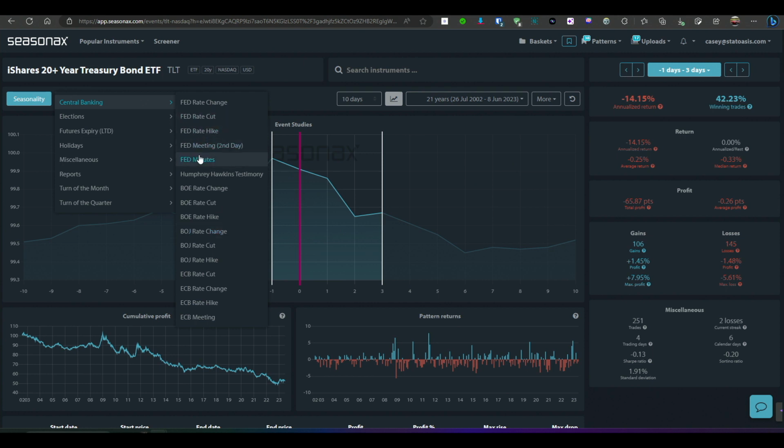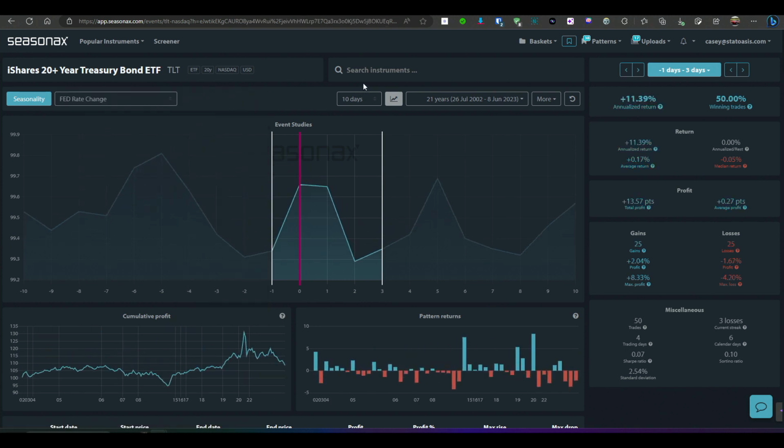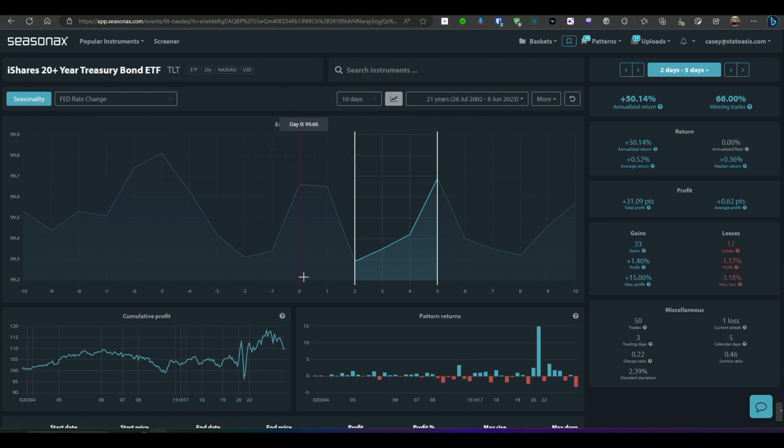And then, of course, the US Fed will affect the US dollar or the bonds and interest rate in the US. So if we take, for example, rate change, and I put here the TLT, which is the 20 plus year treasury bond. So this is really good because we don't need to know ahead of time. So after the rate change in 2 days and hold for 3 days, there is a good pattern.